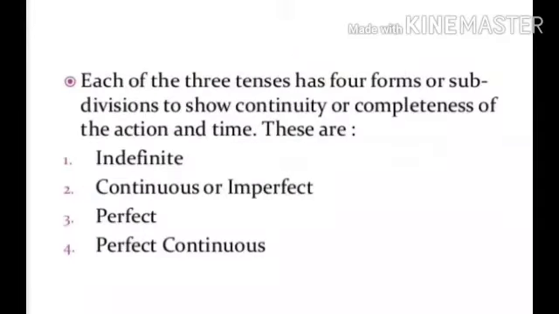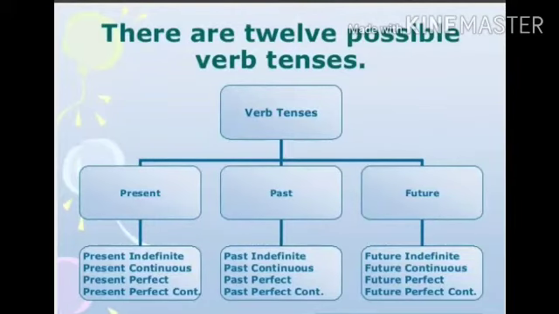All the three tenses have their own four kinds. They are simple, or you can say indefinite, continuous, perfect and perfect continuous. In this way, we have 12 possible verb tenses.